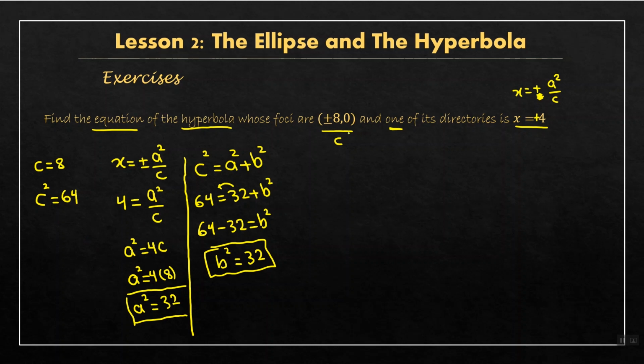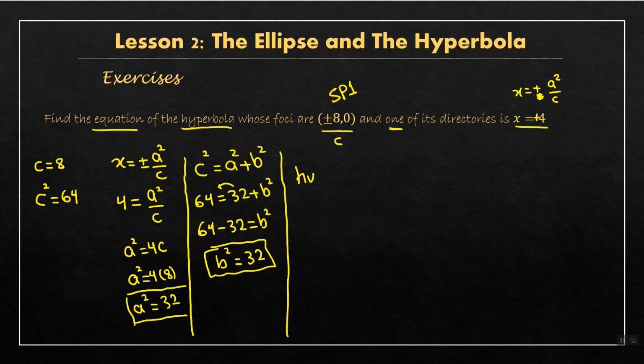So what is the equation? Is this SP1 or SP2? It is SP1. And why is it SP1? Because in the focus, you see C here is at the x coordinate of the point. And that's why this equation is SP1, okay? If it's SP1, then, okay, look at this.